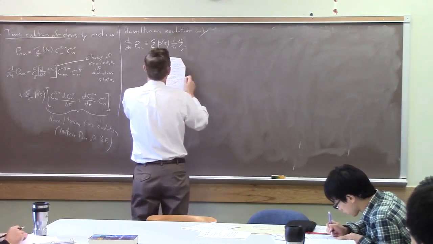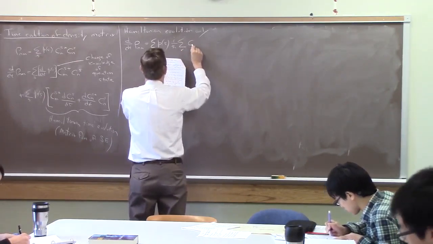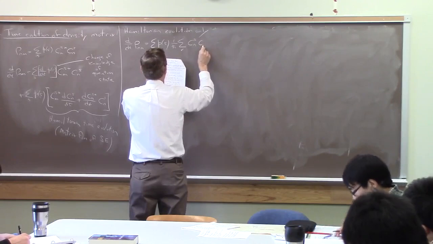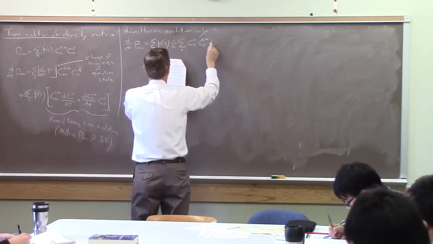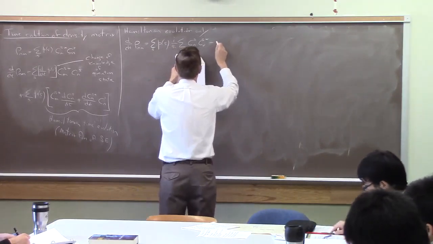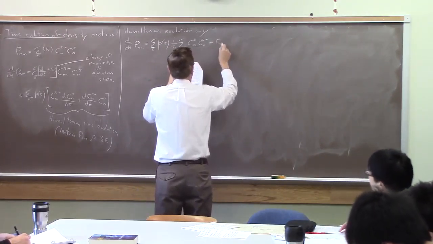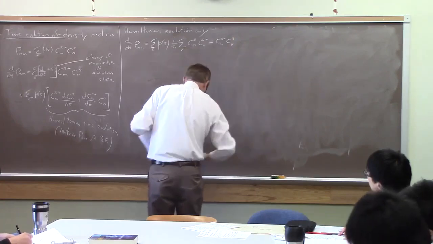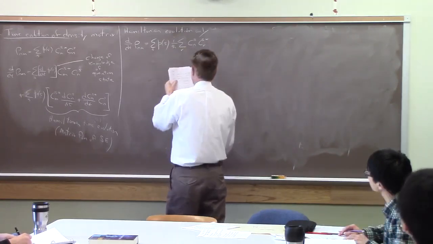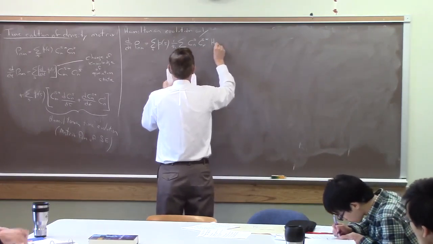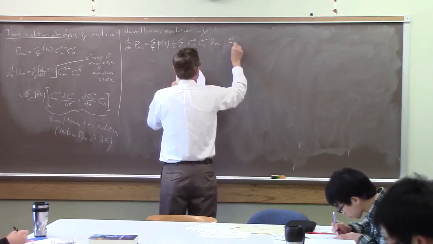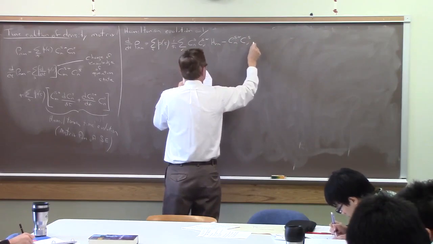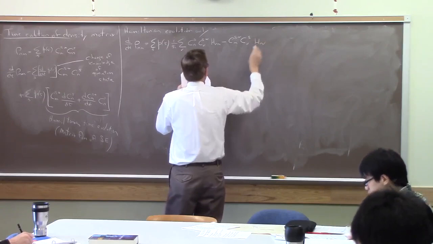So now we have to sum over some new variable, let's call it nu, C n S, C nu S star, minus C m S star C nu S, H nu m, minus C m S star C nu S H n nu.